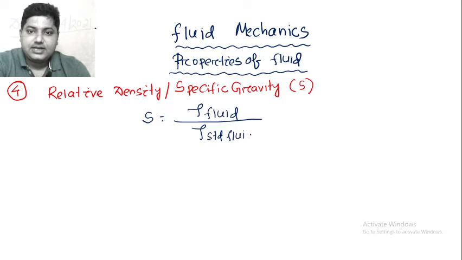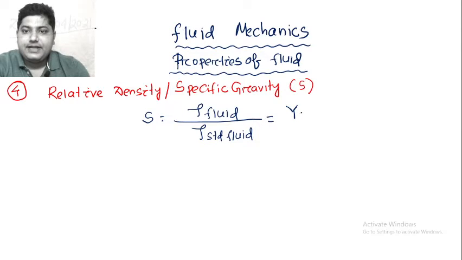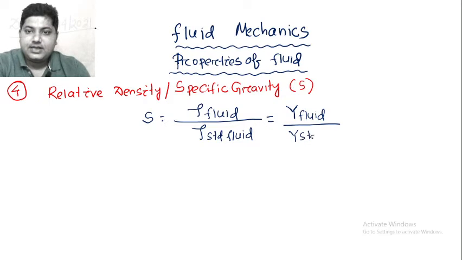And if you multiply by g in both numerator and denominator, then we can also write it as the weight density of the fluid to the weight density of the standard fluid. So this is the formula for the specific gravity.